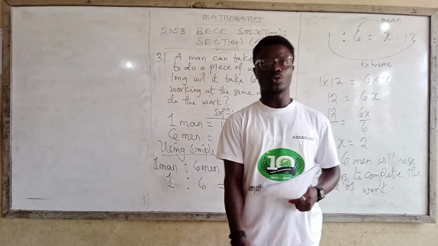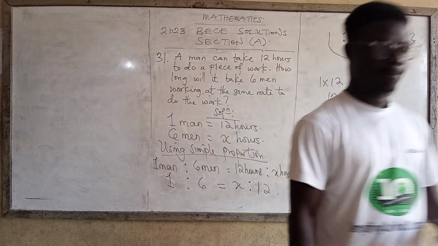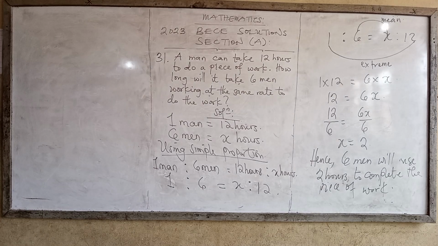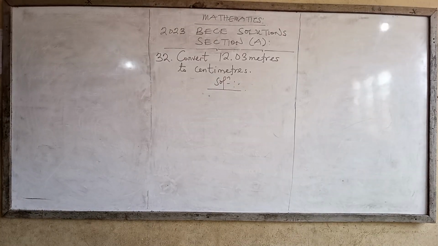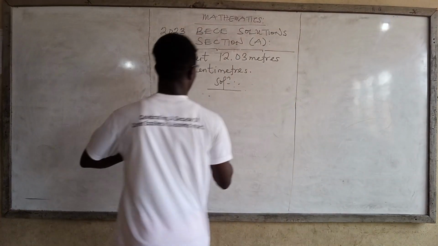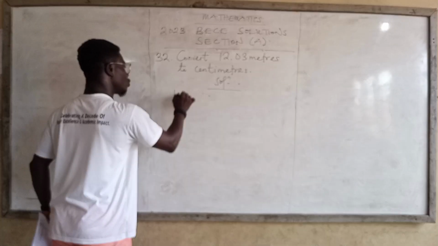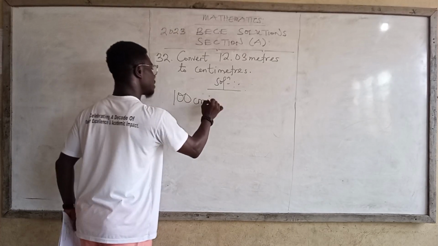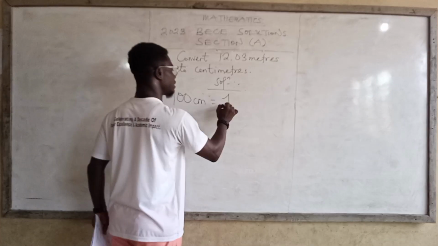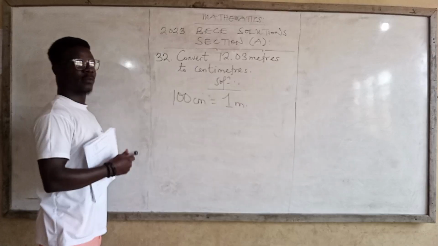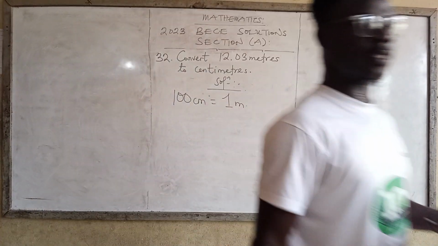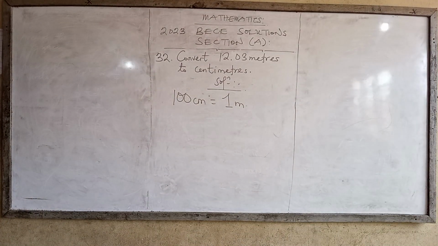So now let's proceed to question 32. Convert 12.03 meters to centimeters. So now what can we say? The relationship between centimeters and meters is 100 centimeters is equal to 1 meter.